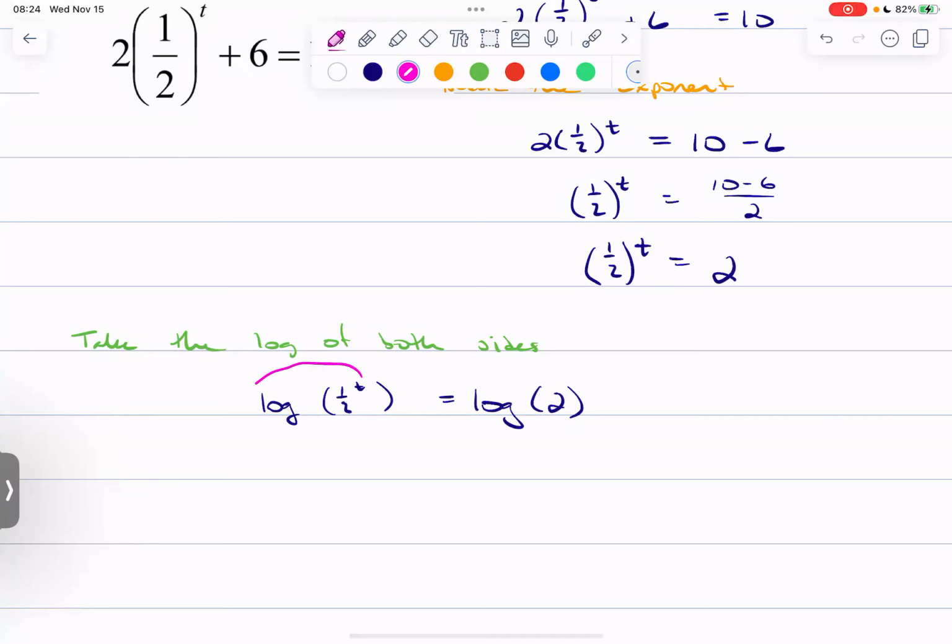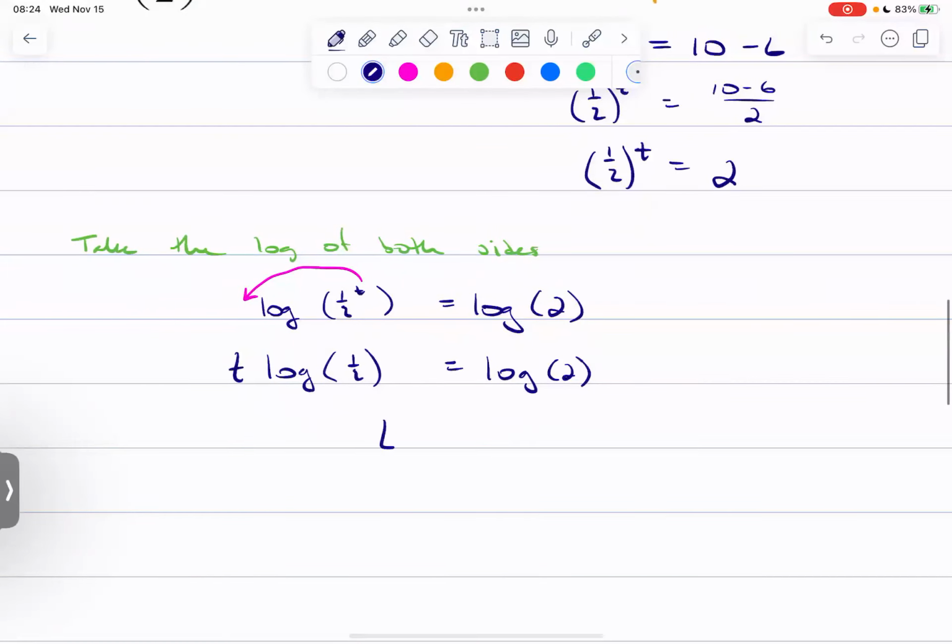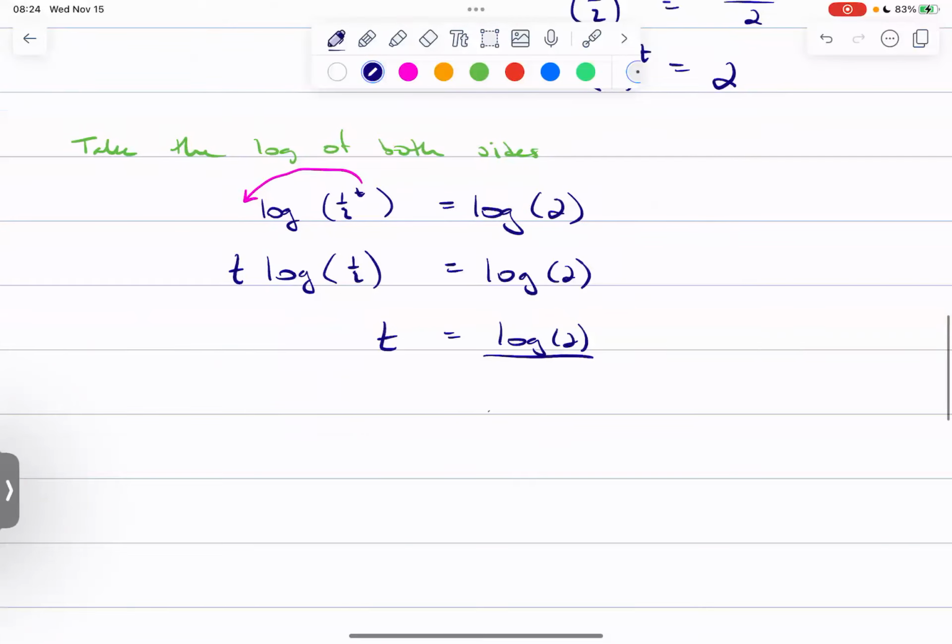We know by log laws, I can bring that t downstairs. So then I have t times the log of 1/2 is the log of 2. So t is the log of 2 divided by the log of 1/2, which is just a number.